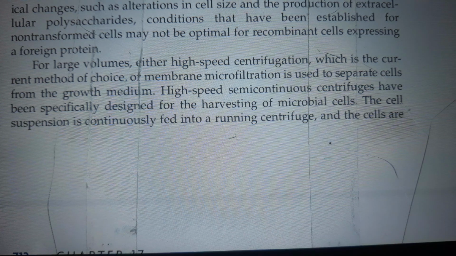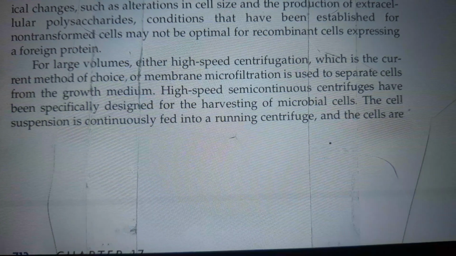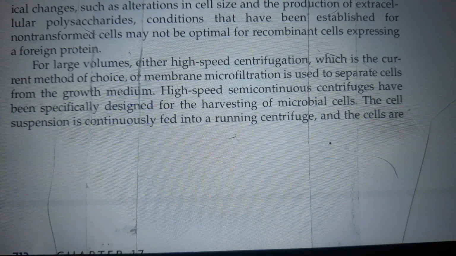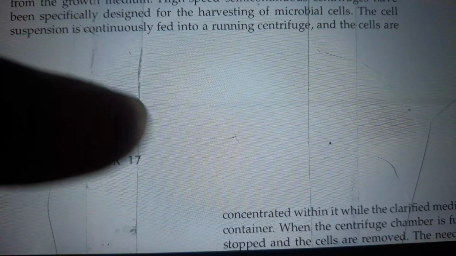However, as a consequence of physiological changes such as alterations in cell size and the production of extracellular polysaccharides, conditions that have been established for non-transformed cells may not be optimal for recombinant cells expressing a foreign protein. For large volumes, either high-speed centrifugation, which is the current method of choice, or membrane and microfiltration is used to separate cells from the growth medium.